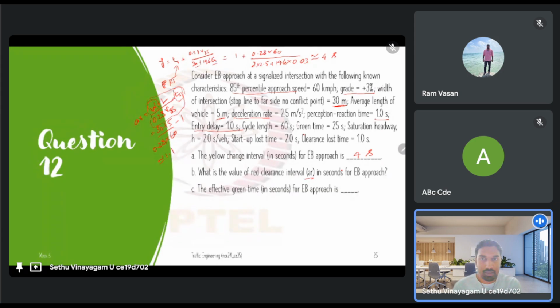And then question number C is, the effective green time for this approach is dash.